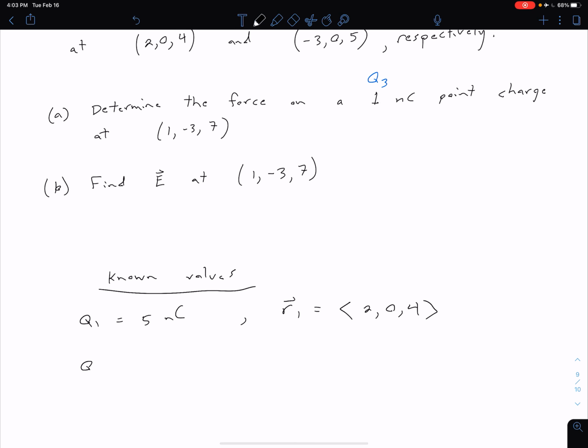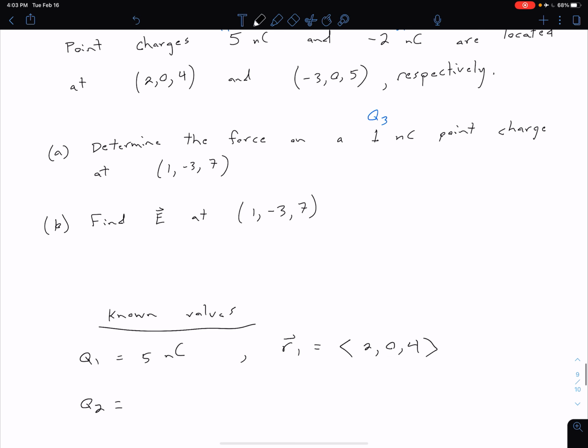Similar things for our other 2 point charges. Q2 was a -2 nanocoulomb point charge, and the position vector R sub 2 is equal to the vector -3, 0, 5.